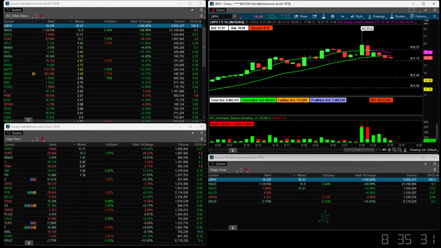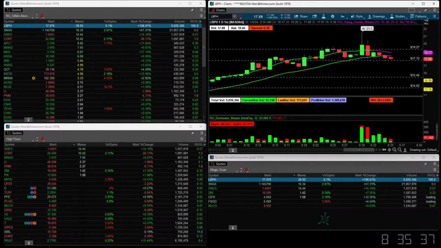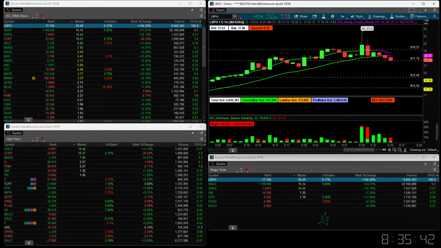I was kind of hoping for a bounce here on LBPH and pick up a few thousand shares, but it doesn't look like it's going to give it to me. Now both lines are purple.